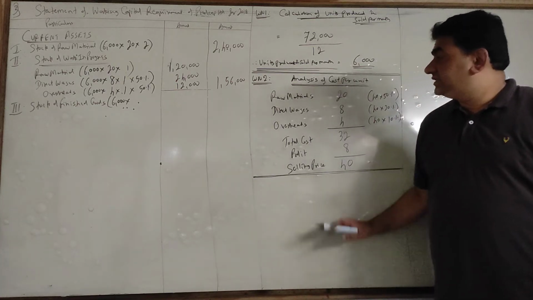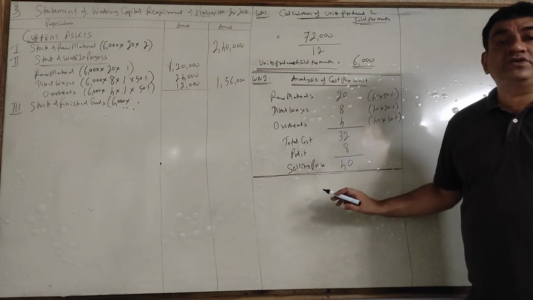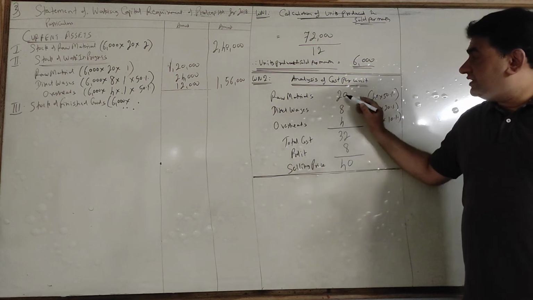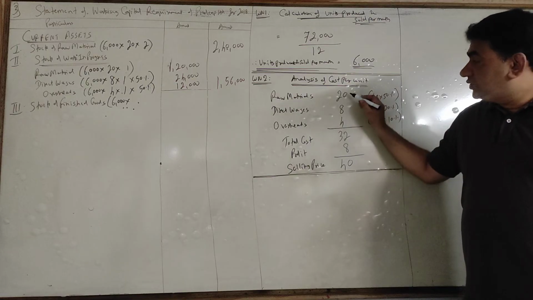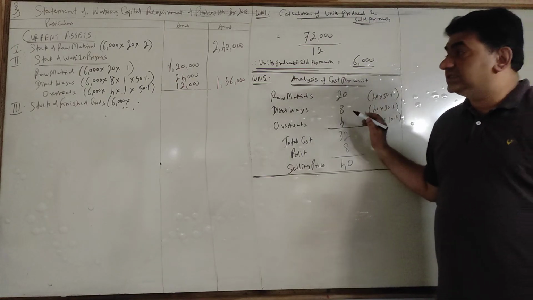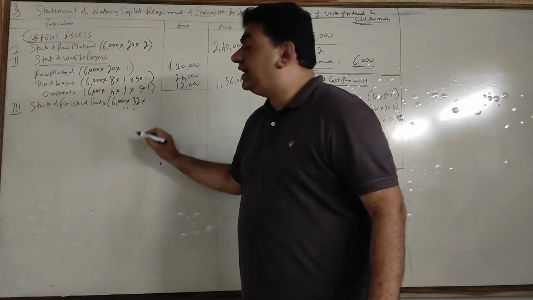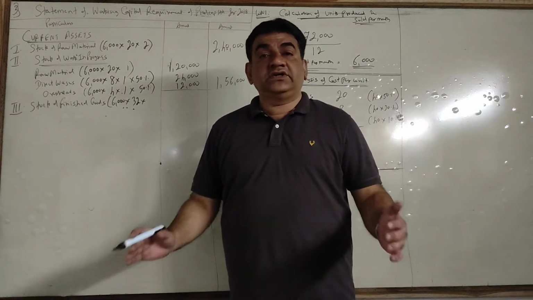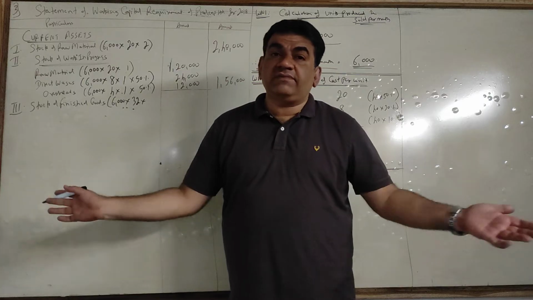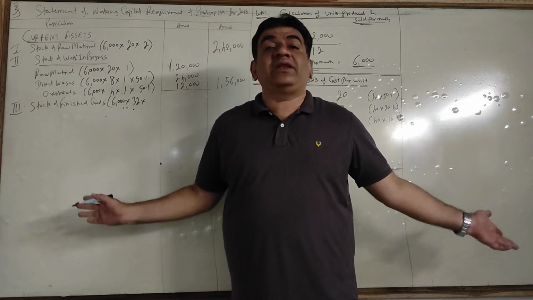That we'll see at a later stage. Right now only overheads means factory overheads. So finished goods I will take at a total cost, 20 plus 8 plus 4, that is 32. Why 32? Because what is finished goods? Goods are complete. So if goods are complete, all cost is completely allocated.